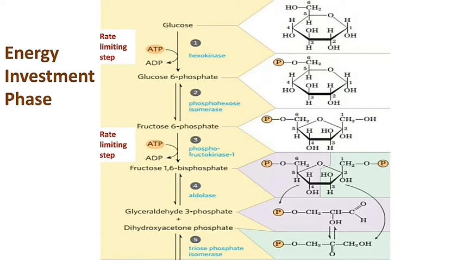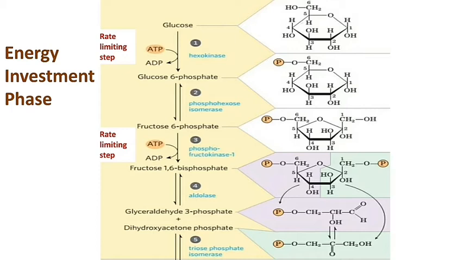The hexokinase phosphorylates the glucose molecule, and an ATP molecule is converted to ADP, or adenosine diphosphate. The first step is also a rate limiting step, as it is often unidirectional in nature, and the conversion of glucose 6-phosphate back to glucose is dependent upon different kinds of factors.